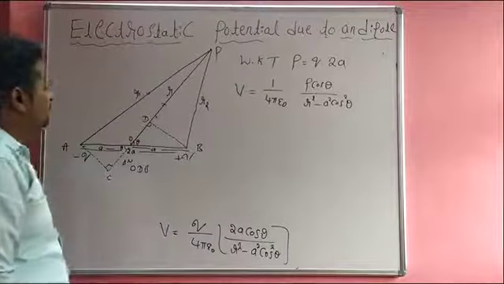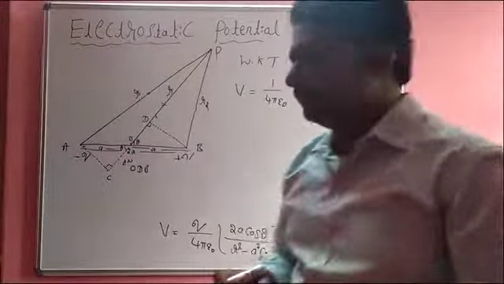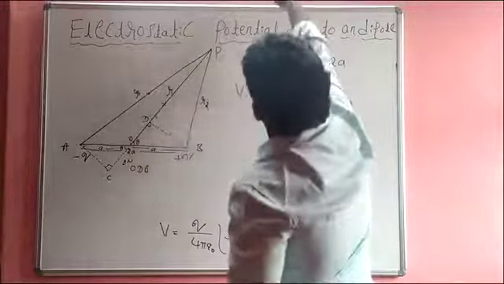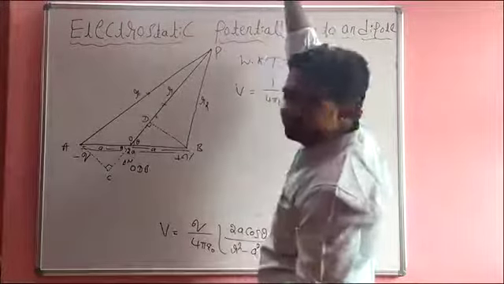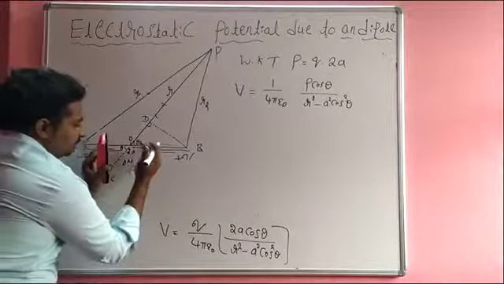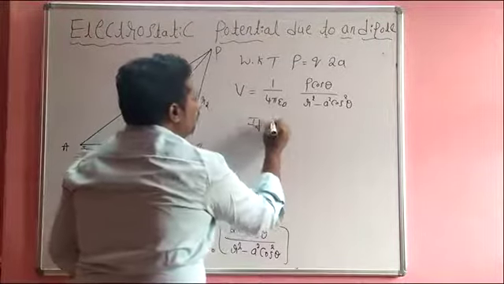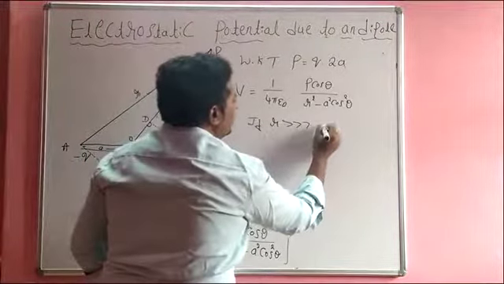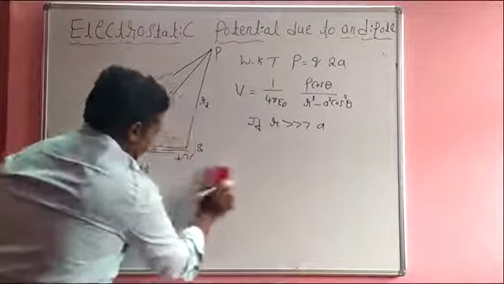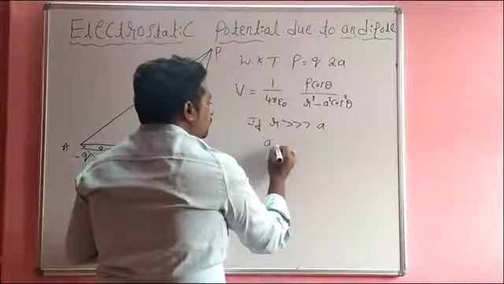If R is very much greater than A, meaning the point is very far and the separation between the two charges is very small, then the A term is ignored.